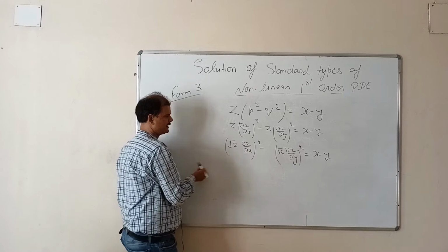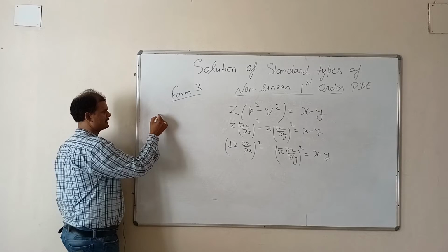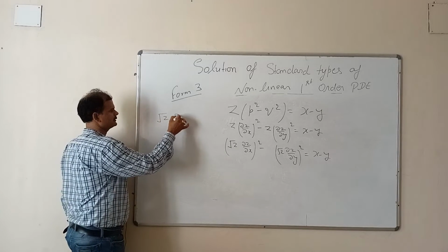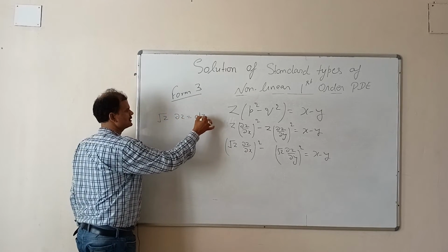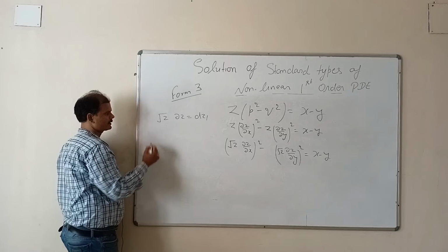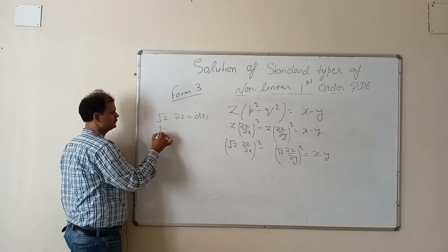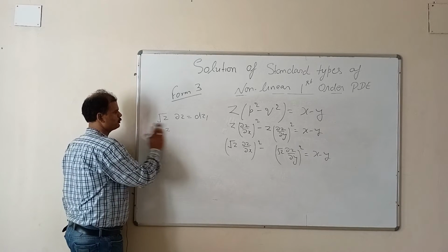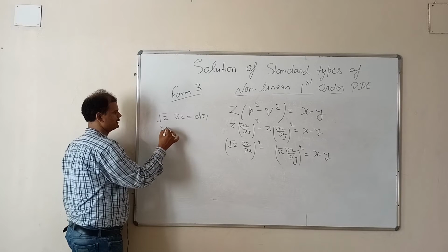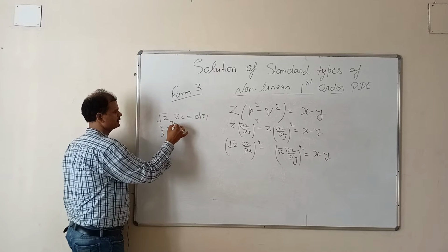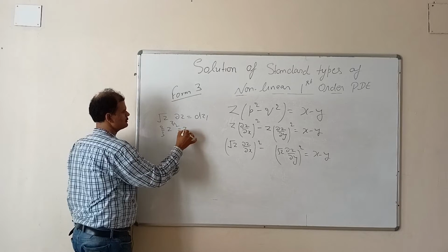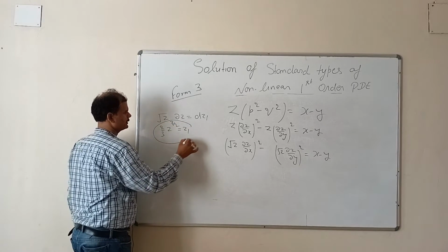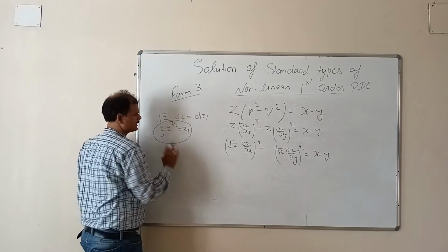After that we can have this p, right? So I am writing here √z ∂z = dz1. So we get (2/3) z^(3/2) = z1. Fine. So what is the advantage of this?